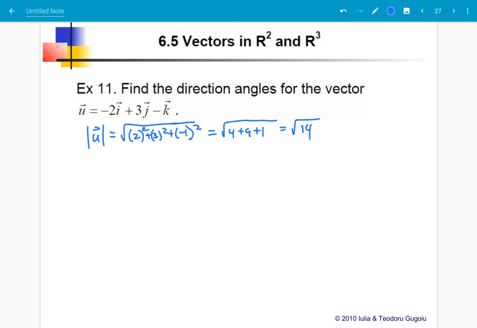We're running out of time, so I'll do one more component, and then I'll come back on the next one. Sorry, we're doing angles. Cos of alpha is u sub x over the magnitude of u, negative 2 over root 14. So alpha would be equal to 122.31 degrees.